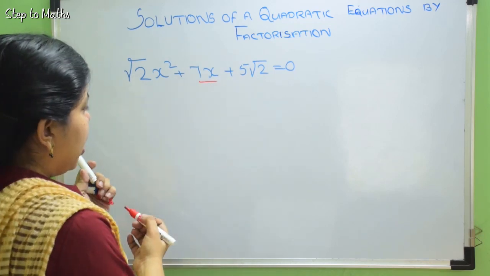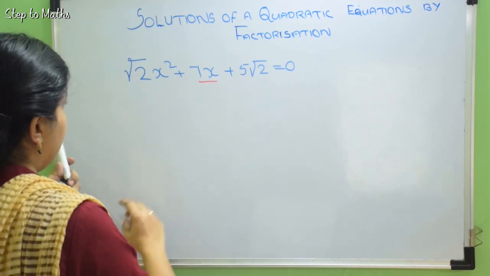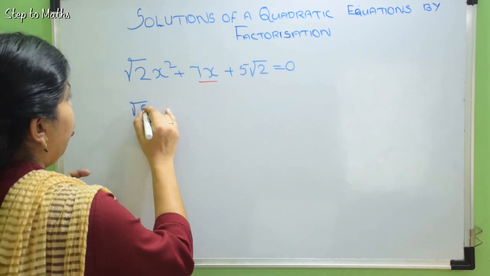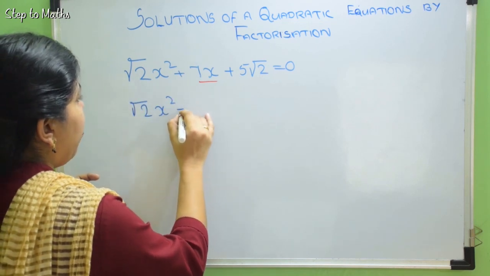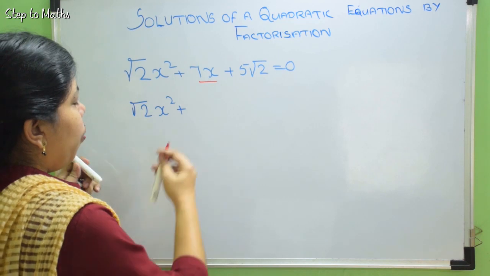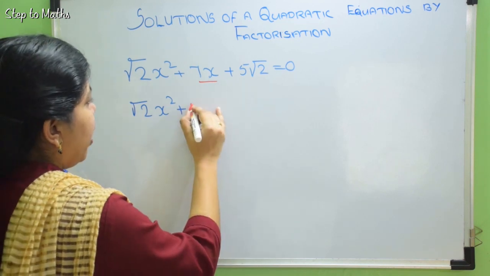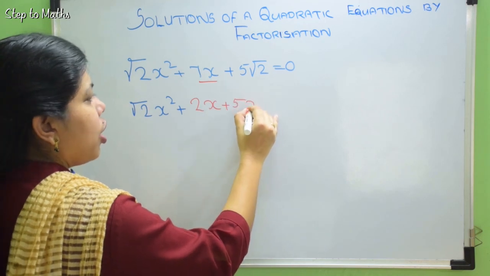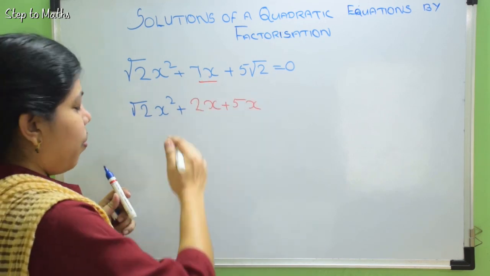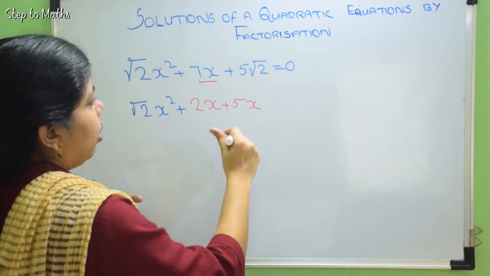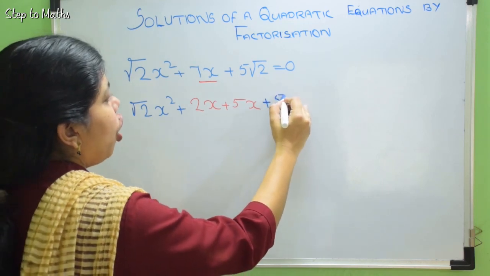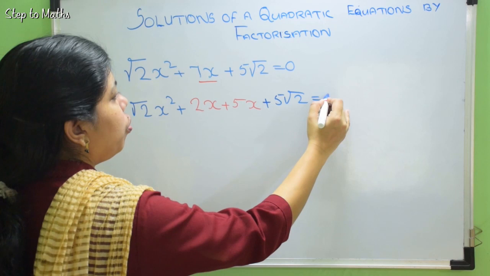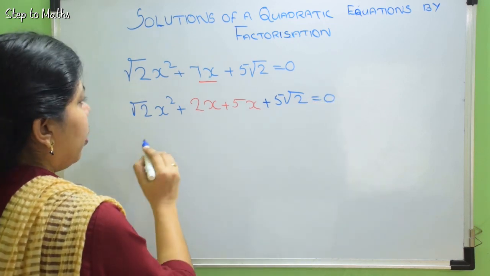Split the term 7x. We can split the term 7x as 2x plus 5x, since 2x plus 5x is 7x. So root 2 x square plus 2x plus 5x plus 5 root 2 equal to 0.